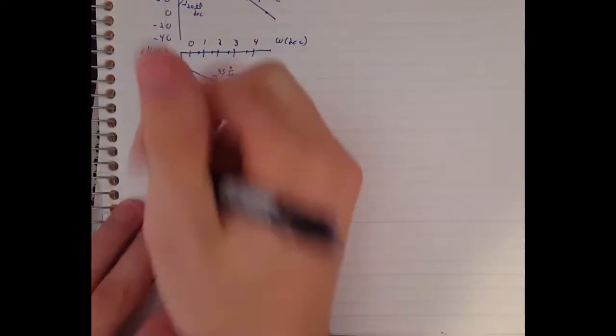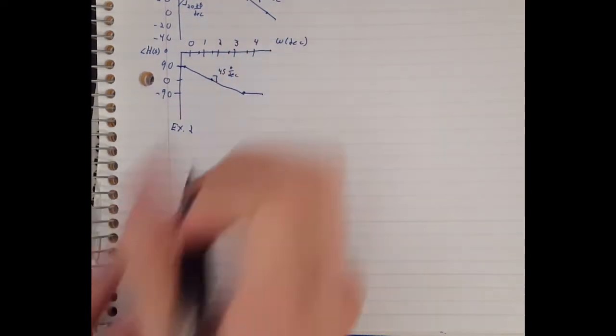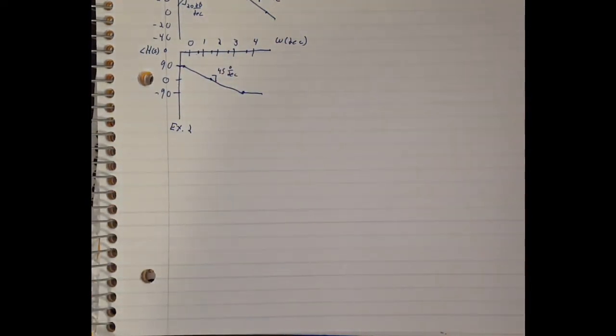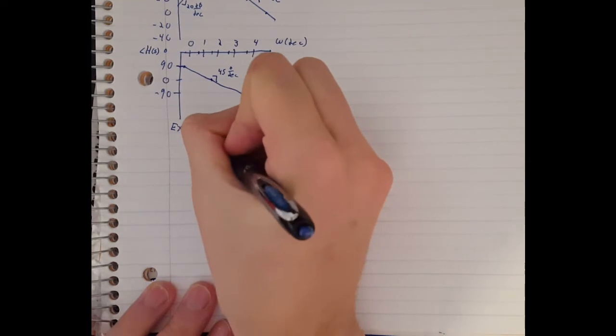So for example 2, we're going to have a circuit with V in.